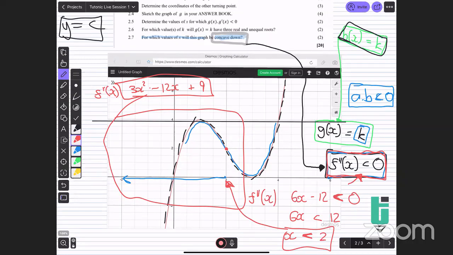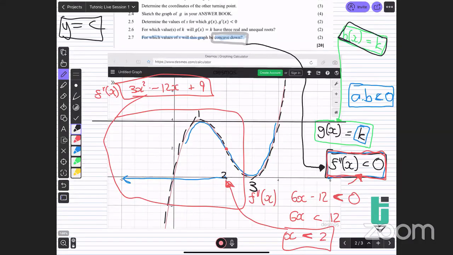Where's the point of inflection? You can make the second derivative equal to 0, or you can find the turning points and halve them. If the turning point is 1 and this is 3, what's halfway? 2. You guys see that?